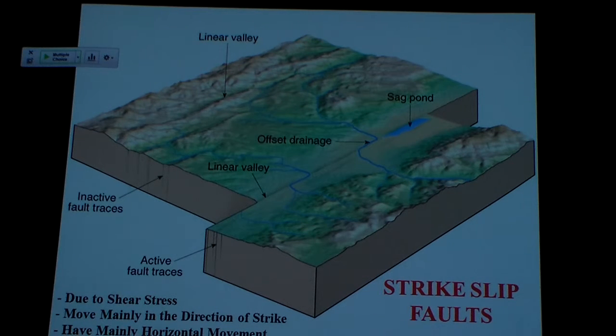So right away, you've got this idea that dip-slip faults are moving more up and down, even with a thrust, versus strike-slip faults that are moving side to side laterally. And these are the faults that you think of when you think in terms of the San Andreas fault, what's going on in California.